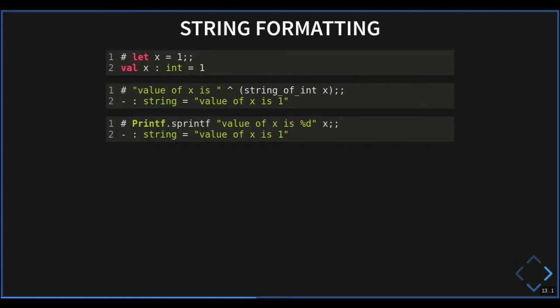It works basically like the sprintf function from the C language. It accepts a format string that has some format specifiers. This is this %d, and then a set of values. So for each format specifier, we need to provide a value that matches the type of this specifier. So %d tells us that it accepts an integer.